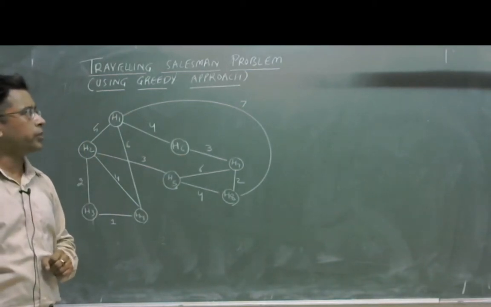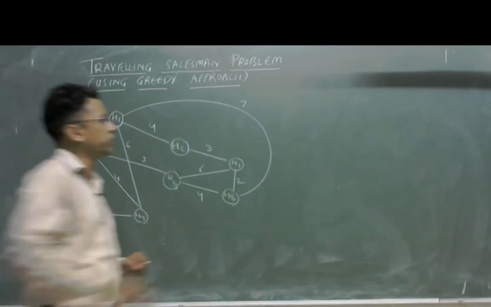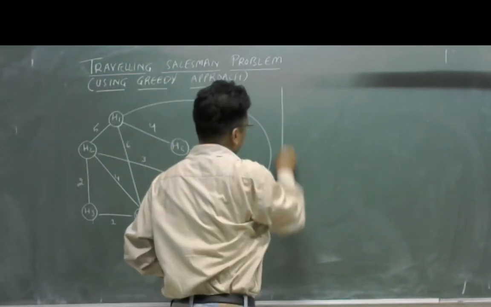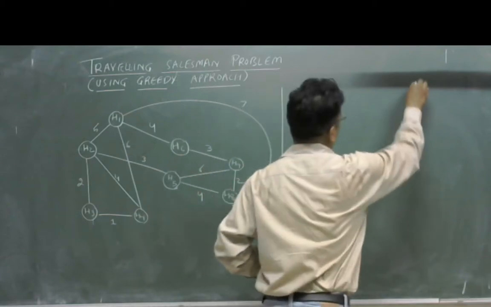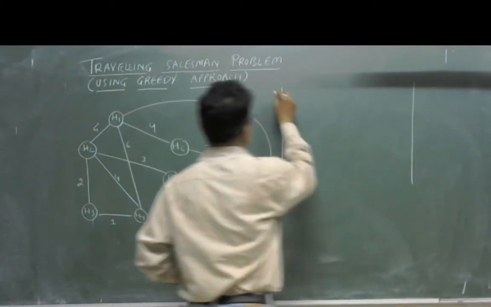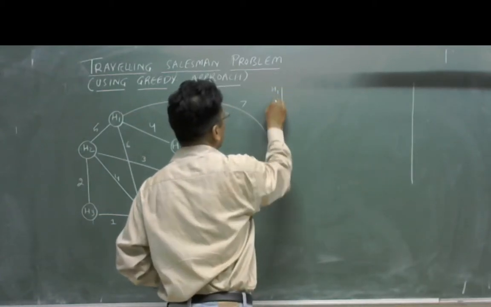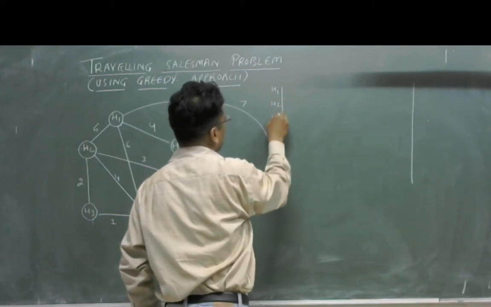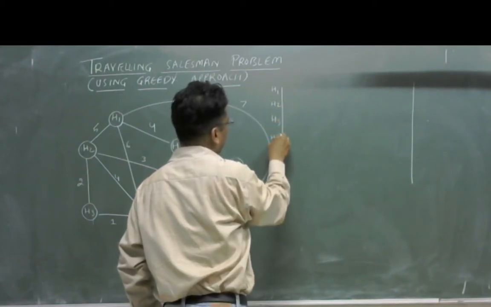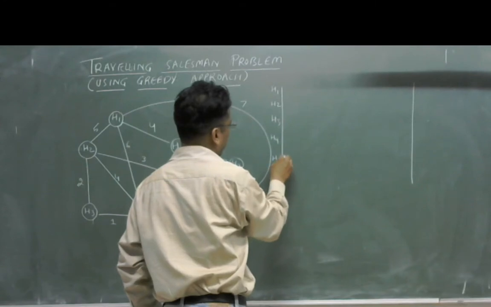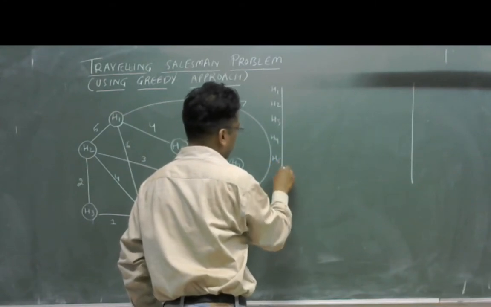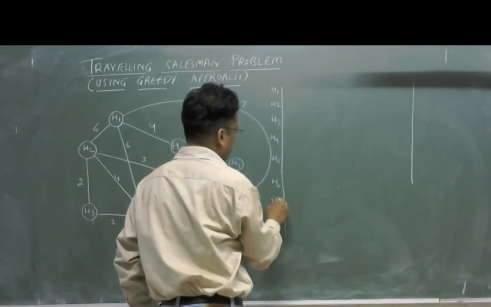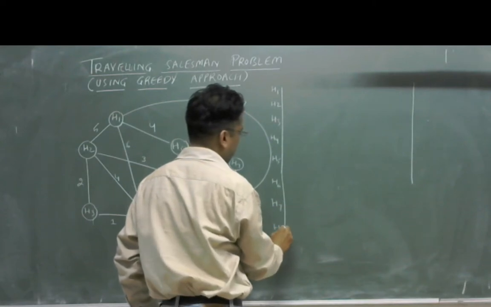So for solving this problem, we shall create a matrix where there will be rows H1, H2, H3, H4, H5, H6, H7, and H8.